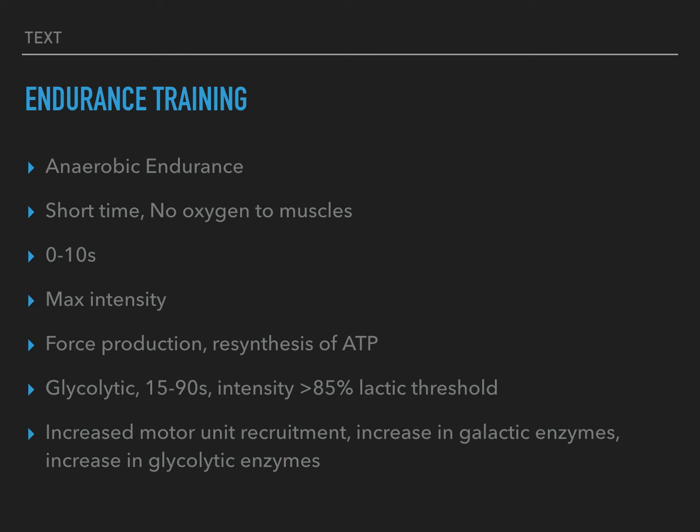So we've talked about glycolytic in the last slide, so that's between your 10, 15 to 90 seconds at intensity above 85% of your lactic threshold. And the benefits of this are increased motor unit recruitment, an increase in glycolytic enzymes.